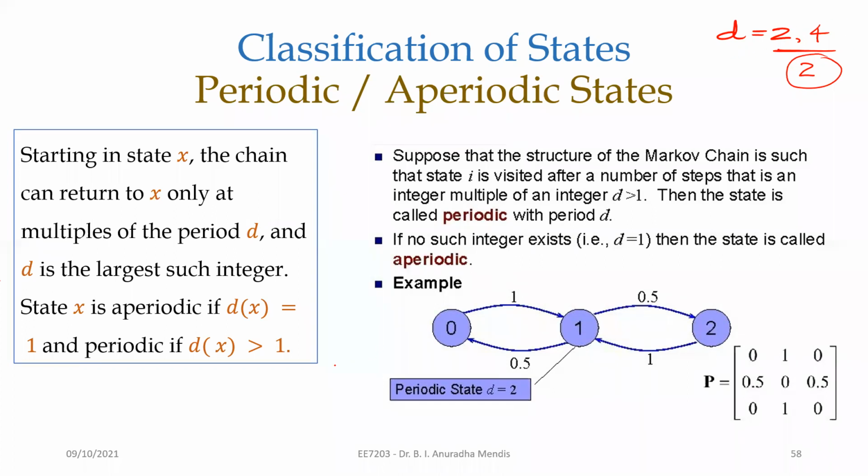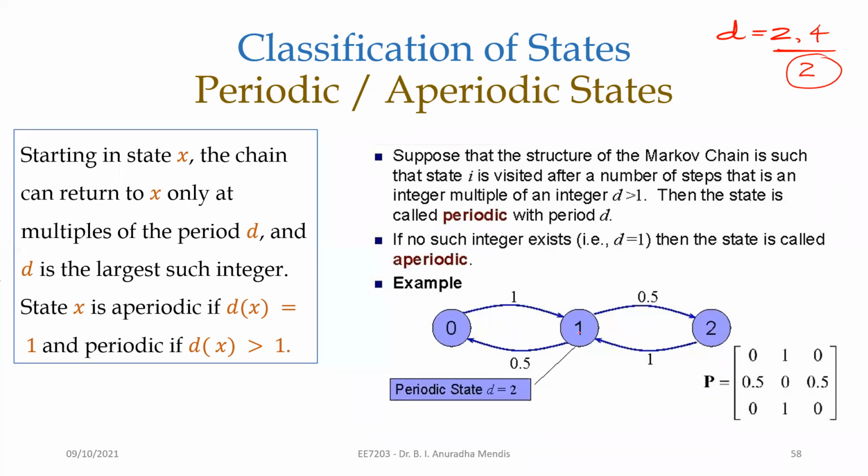If you are at state 2 also, you can see that kind of behavior. If you are at state 2, you can go to 1 and then come to 2, then that is d equal to 2. Or you can go 2 to 1, 1 to 0, 0 to 1, then that is 4. So if you are at 1, there is only one possibility, that is 2.